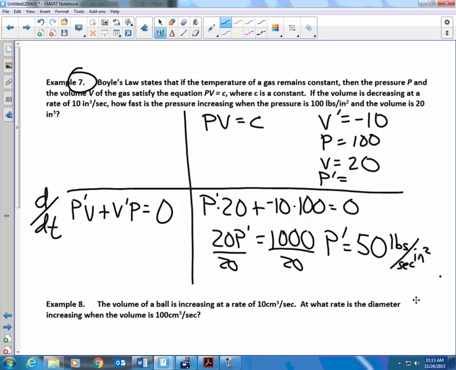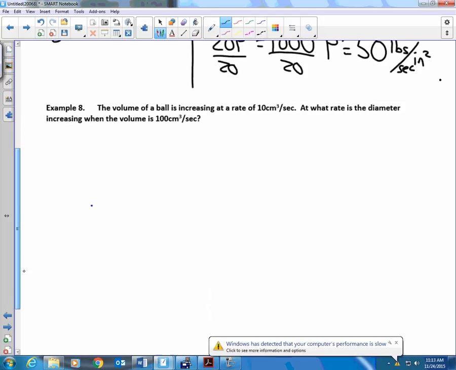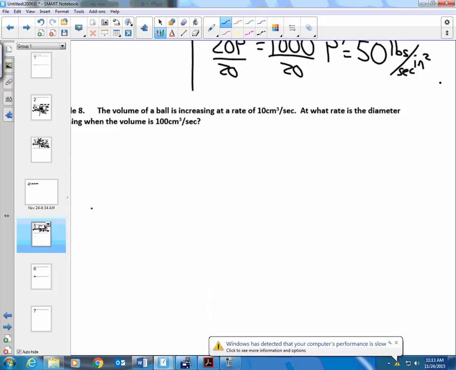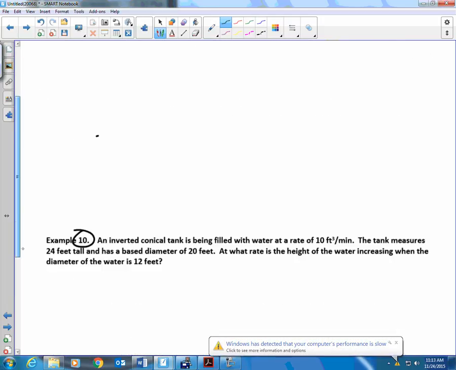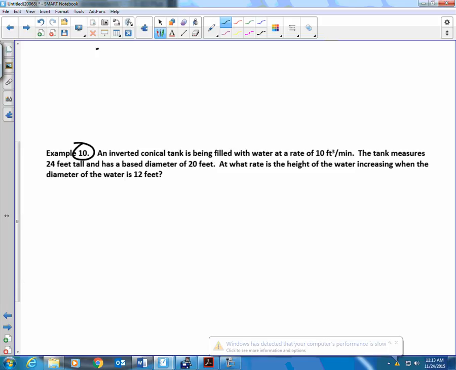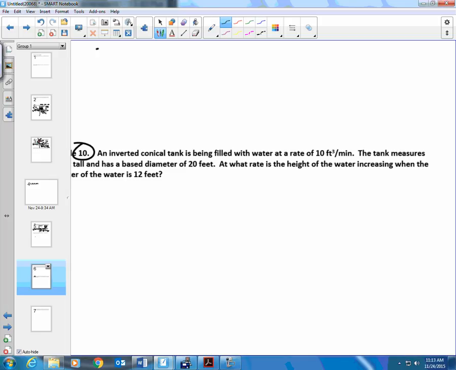We got 3 problems done even before lunch. We come back and all we want to do is work through problem number 10. And then tomorrow there will be 3 or 4 other problems that we'll work through, and we'll be done with our related rates section, and you guys will kind of be on your own. So today we can pick up with these.